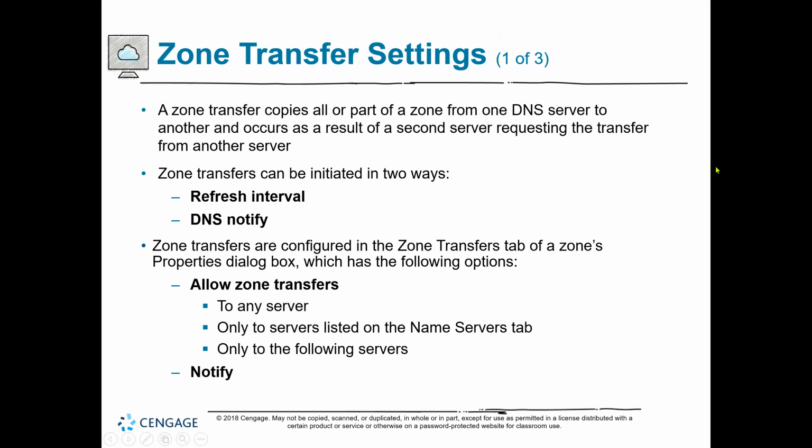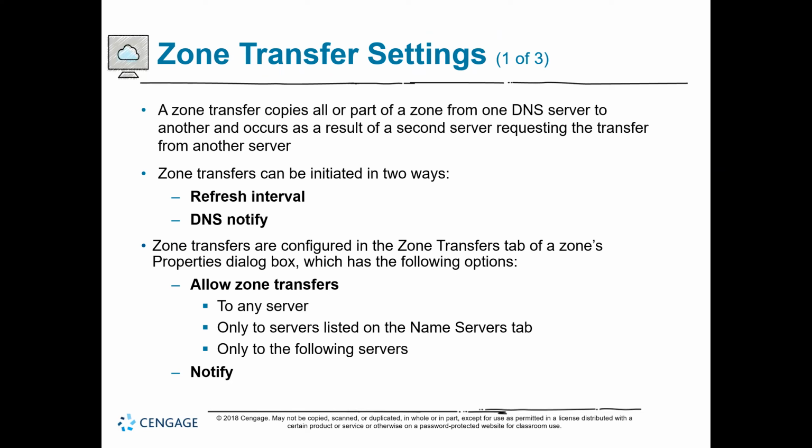Zone transfer settings. A zone transfer copies all or part of a zone from one DNS server to another and occurs as a result of a second server requesting the transfer from another server. Zone transfers can be initiated in two ways: a refresh interval or DNS notify.